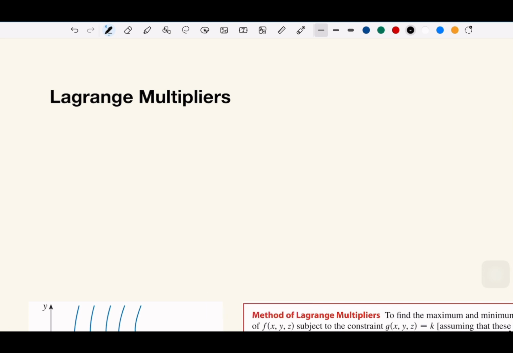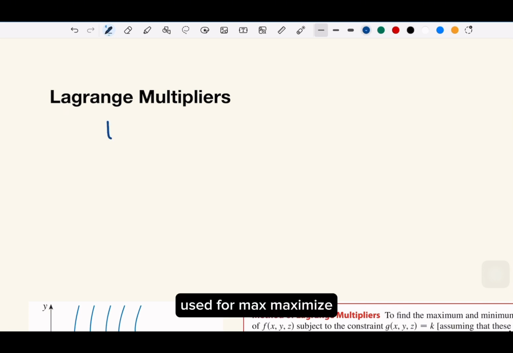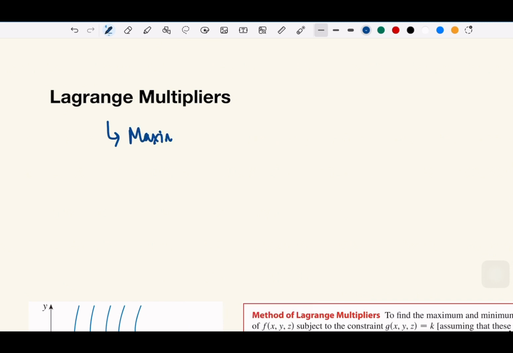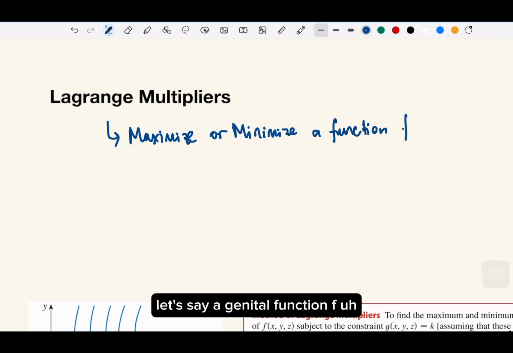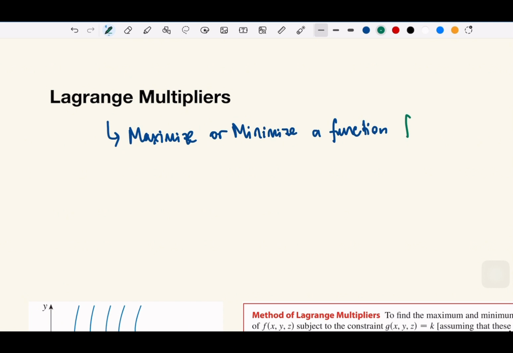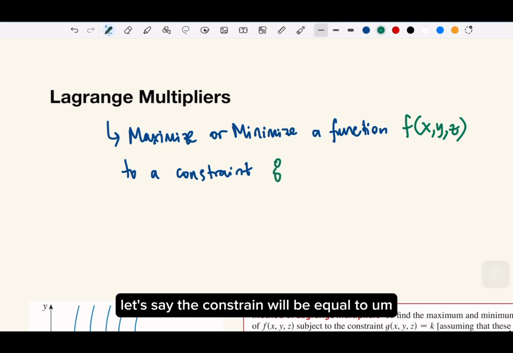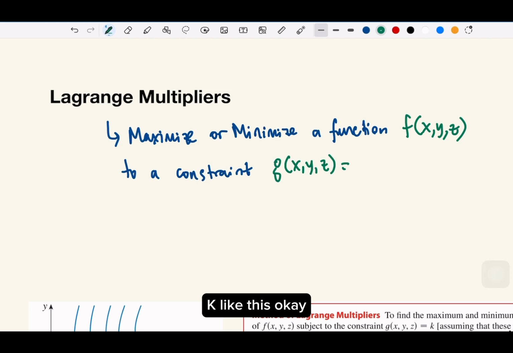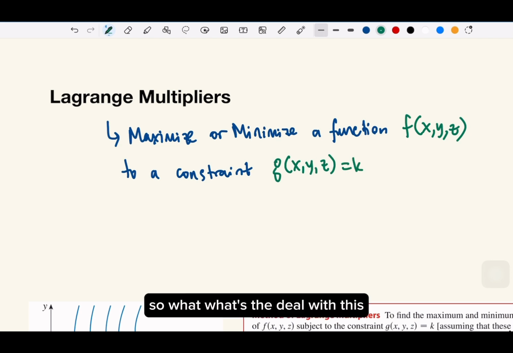This method is used to maximize or minimize a general function f(x, y, z), subject to a constraint. Let's say the constraint g(x, y, z) is equal to k, like this. Okay, so what's the deal with this?